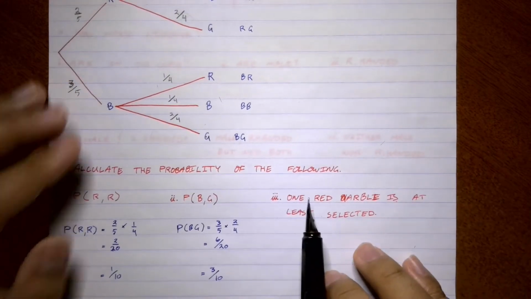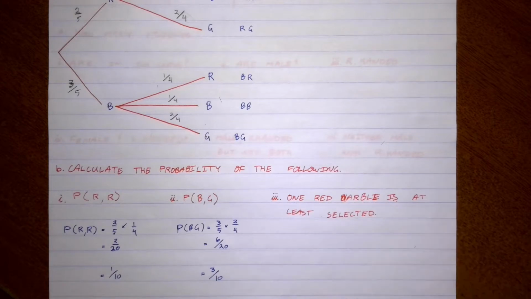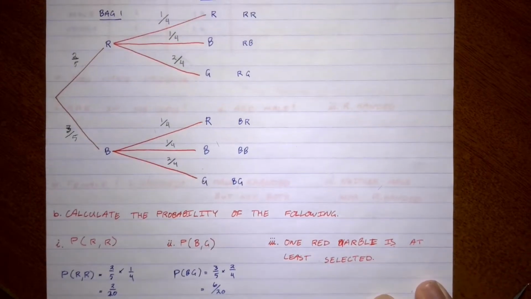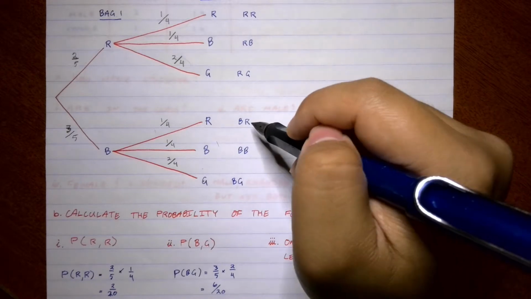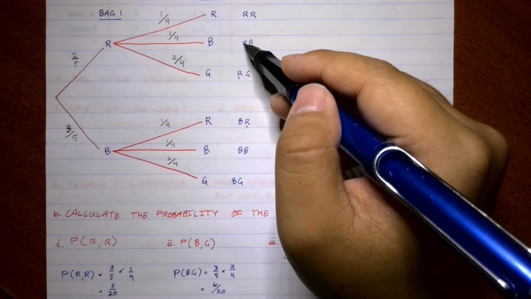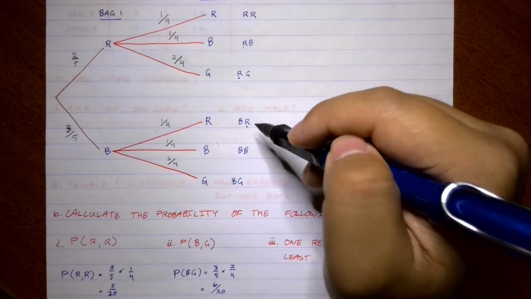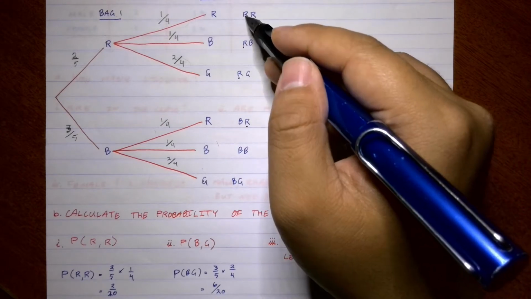Last one, the probability that at least one red marble is selected. So we only want at least one red. If you take a look, this has one red, this one has 2 red, so really it's 1, 2, 3, and 4.